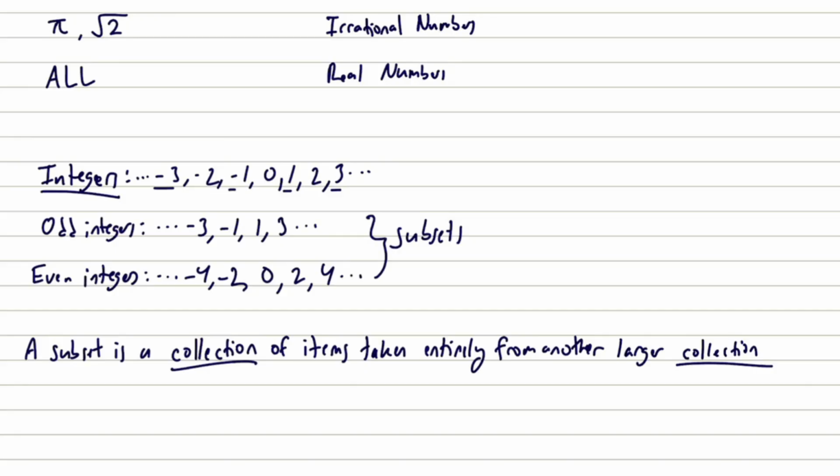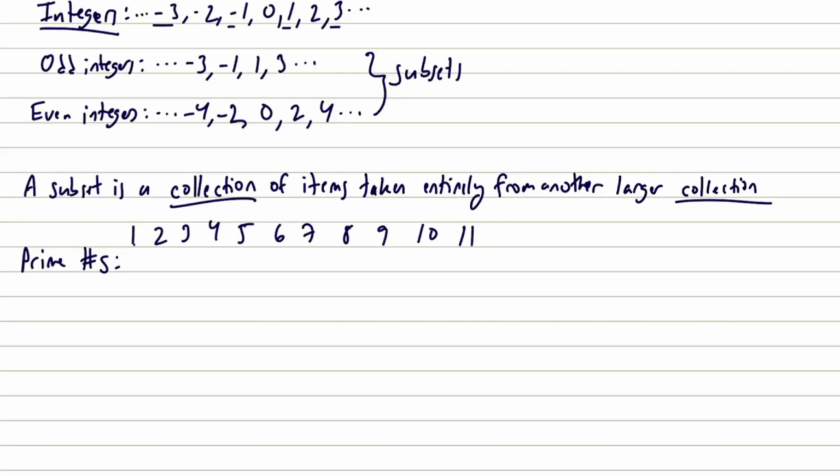Another subset of the integers is the prime numbers. Prime numbers are numbers that only have two factors, themselves and 1. It's the only way that you can multiply to get them. So if we have all of the numbers, well, a whole bunch of them, what numbers multiply to get 1? 1 is only equal to 1 times 1.